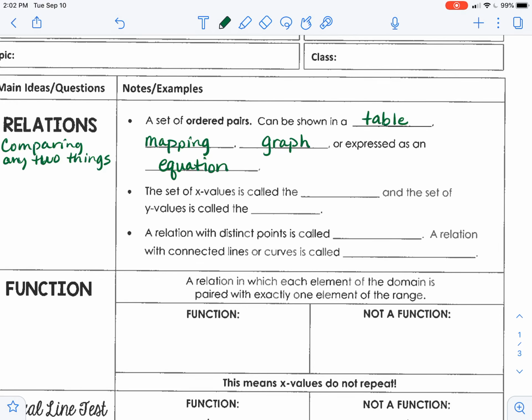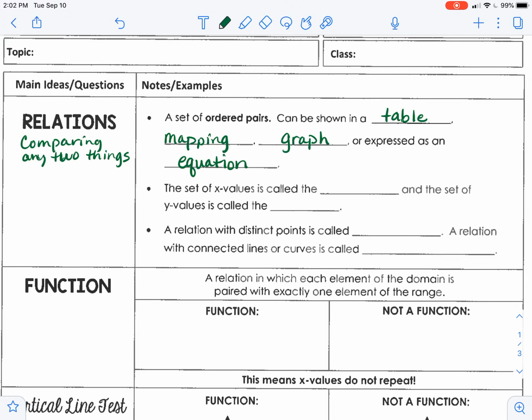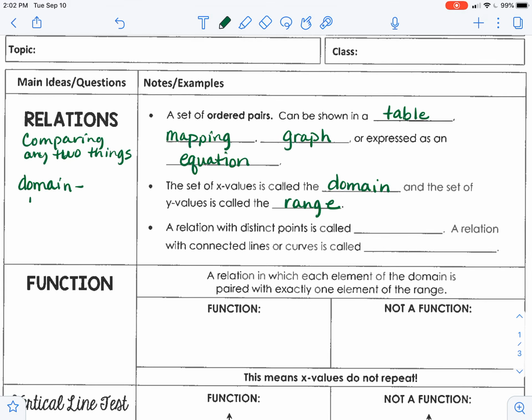The other thing too is your set of values, your X values that you have, those are called our domain. And we're going to be doing domain and range all year long. So your Y values are your range. Now, other words that might be used for domain, I'm going to put them over here to the side. We also refer to domain as the independent variable.